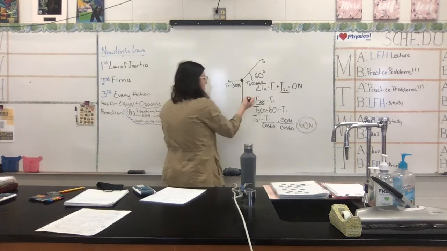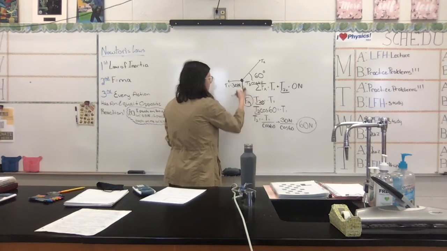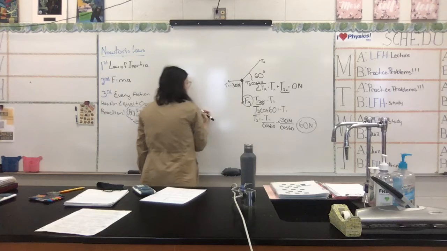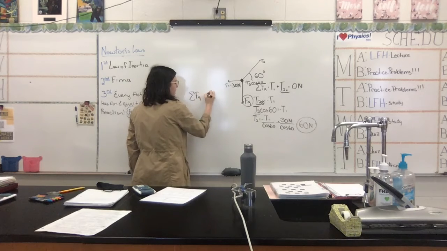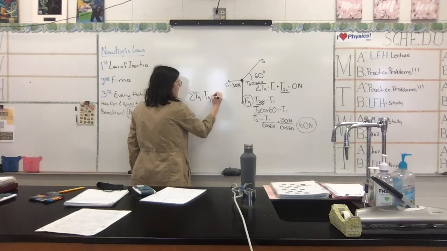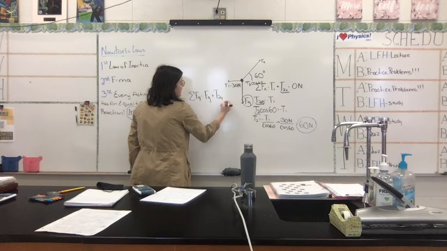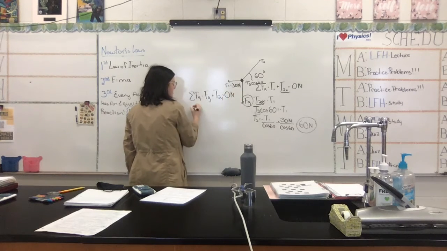Now that we have that, we need to solve for the weight of this, or its force of gravity. To do that, we sum the forces in the y direction now, because this is on the y. So we have the force of gravity and the y component of tension 2 all equal to 0 newtons.